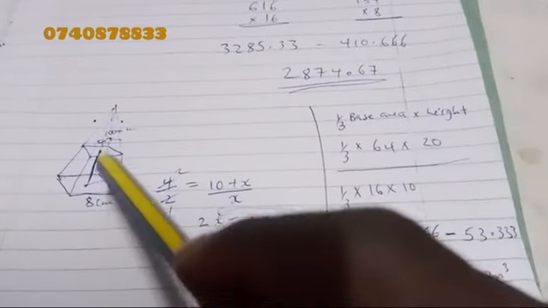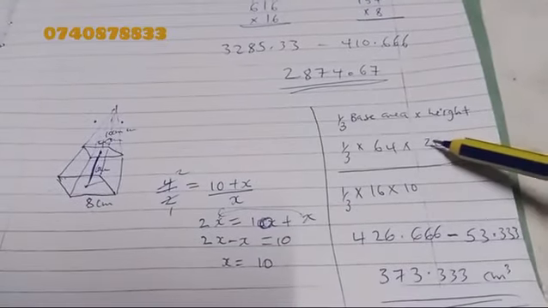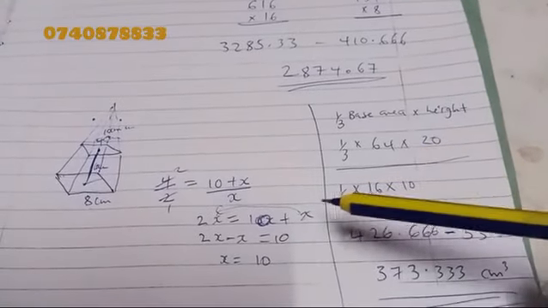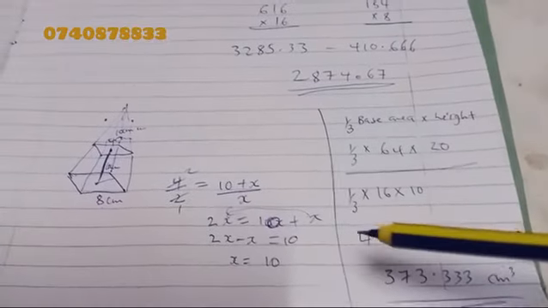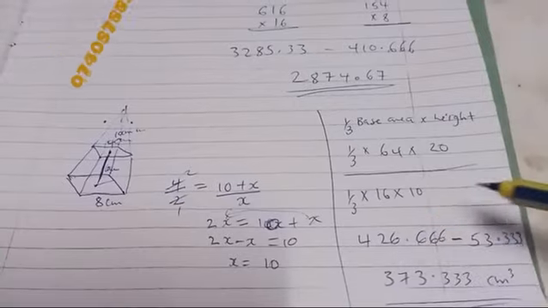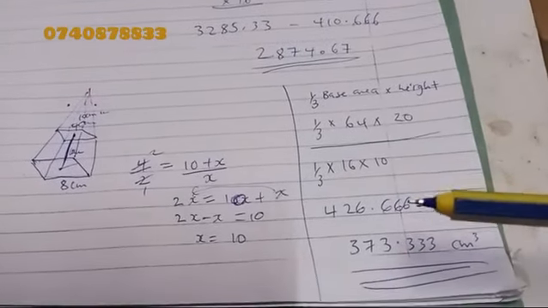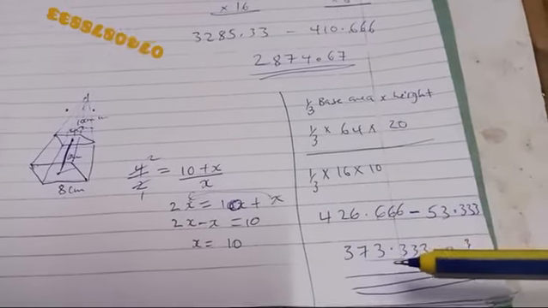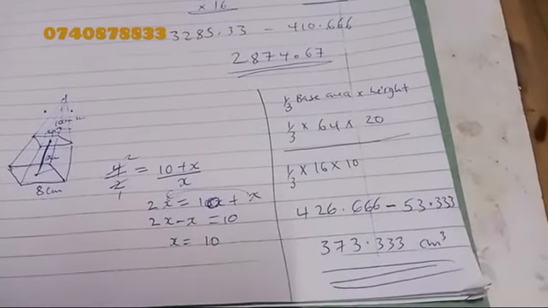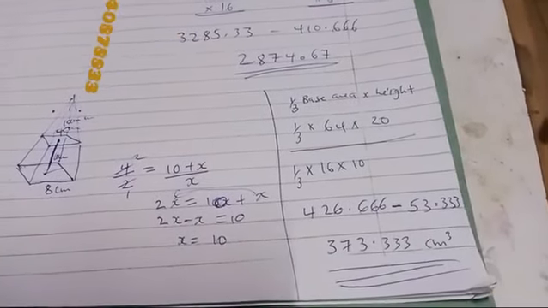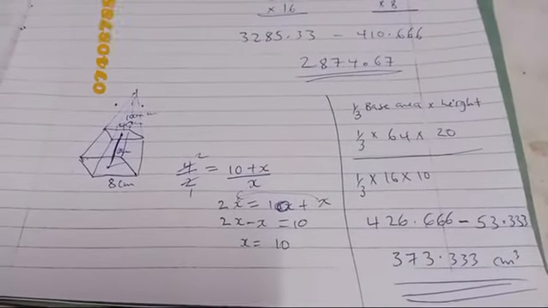That's why we used the height of 20, and we used the base area, which was of side 8. And on subtracting the smaller one that we have excavated, I'm getting 373.333, which is the volume of the frustum which is now remaining.